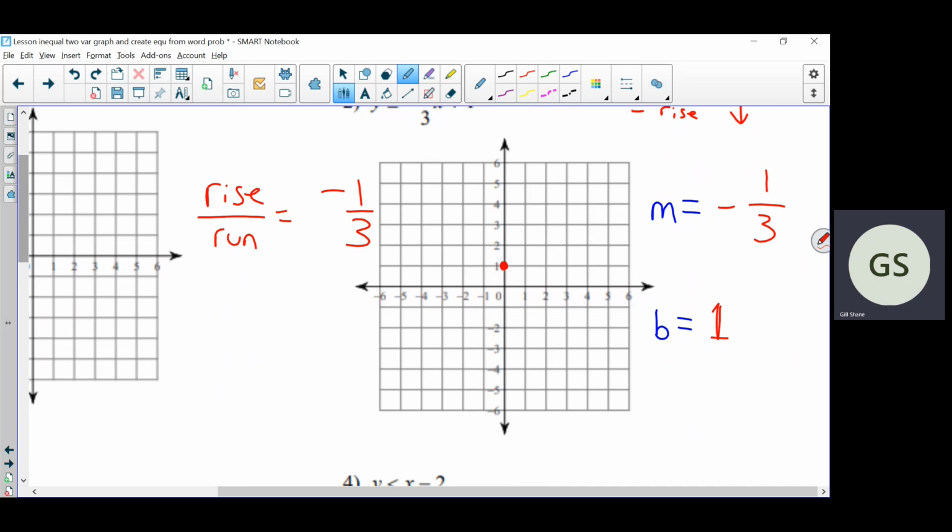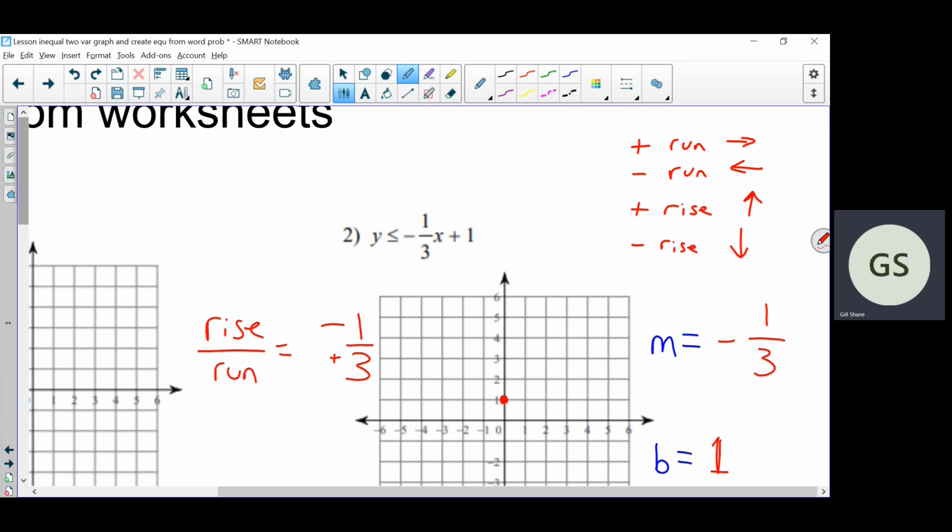So if that's always going to be the top number in that situation, we might as well just always make this the negative number. So now we have a rise, which is positive, never a bad idea to kind of write that in. And we have a positive run, and then a negative rise.